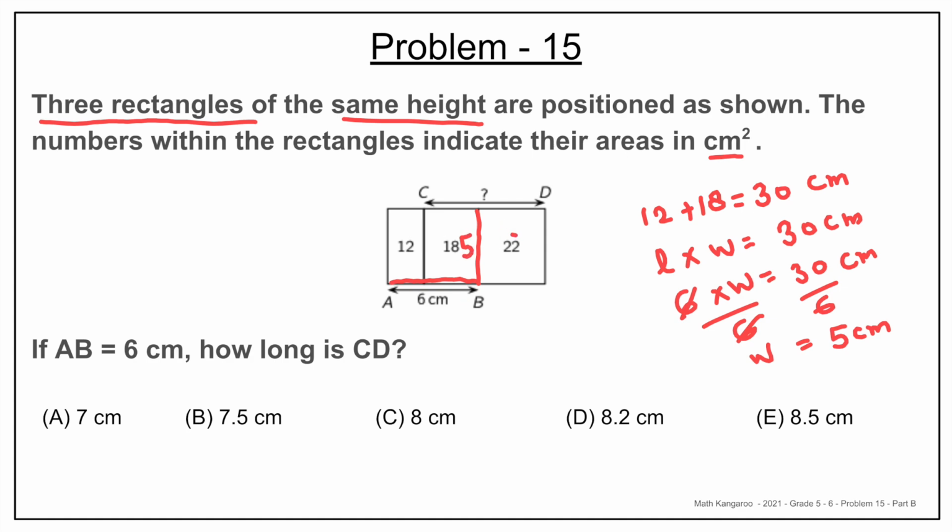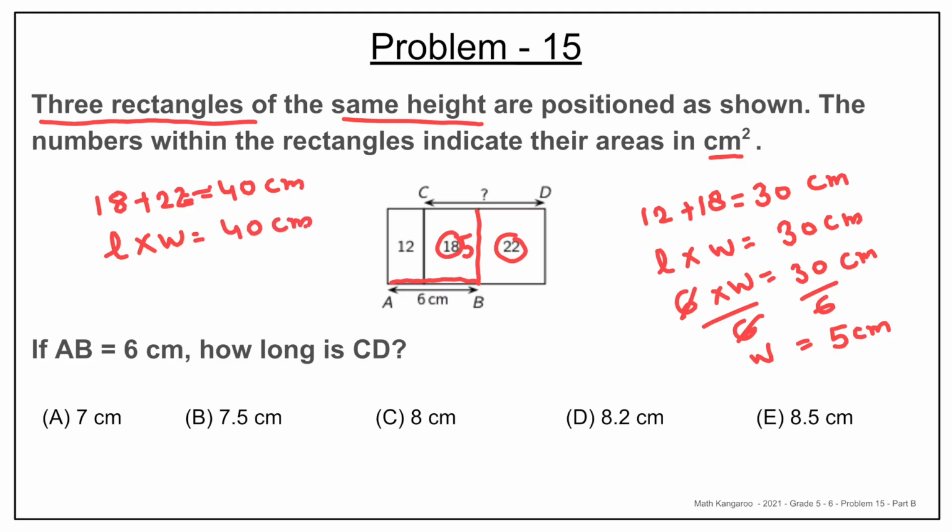We have the area. Now we have this area and 18. So we add 18 plus 22 and get 40 square centimeters. We know the width. We need to determine the length. So again we'll do length times width is equal to 40.